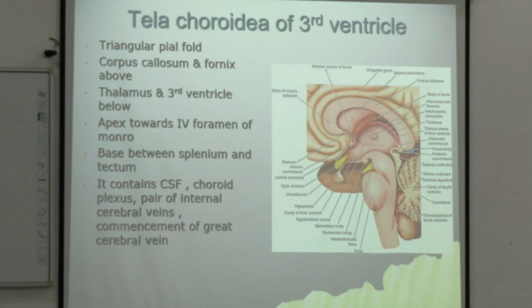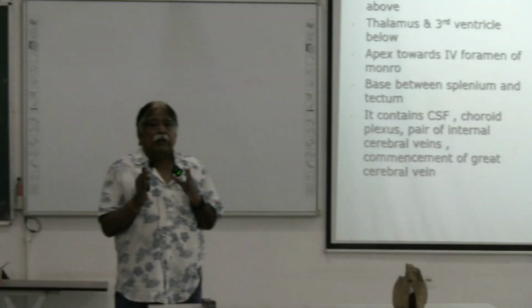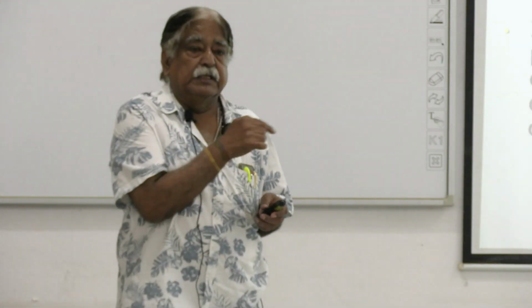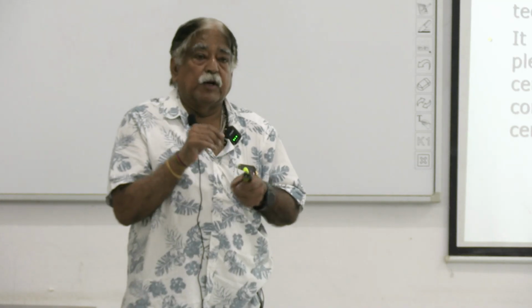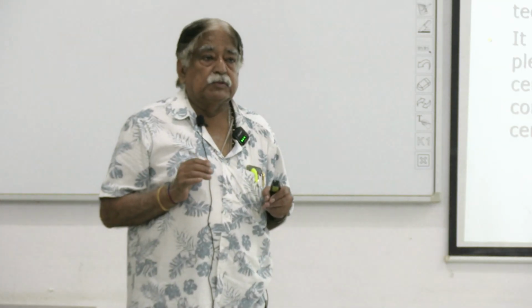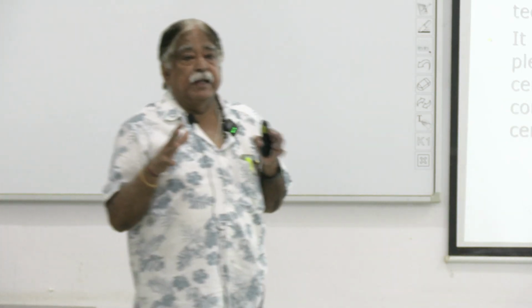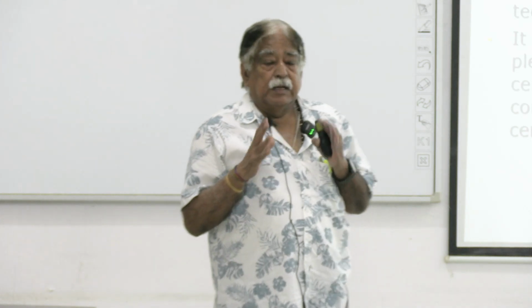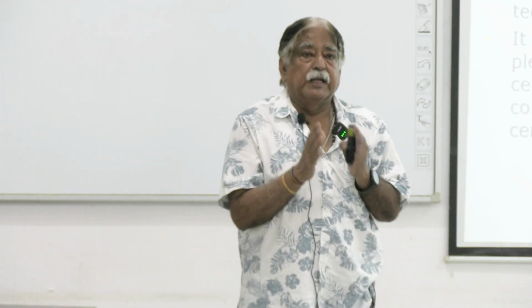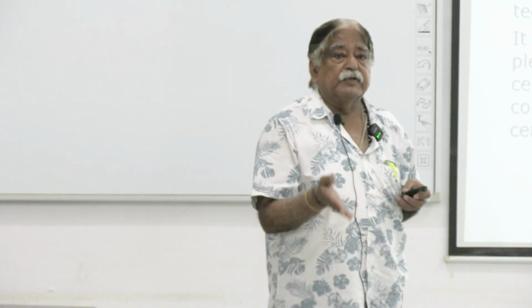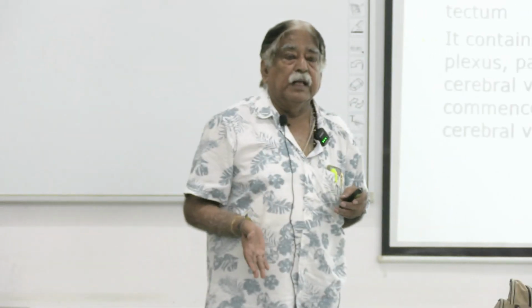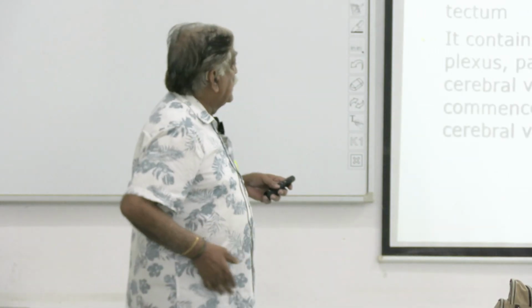Thalamus nuclei are there, so in these regions you cannot directly go and operate immediately. It will depend on how much trauma there is, and the clinical manifestation will be accordingly.